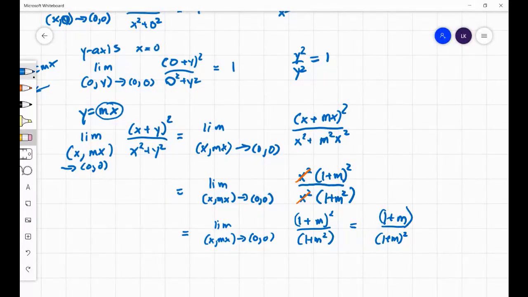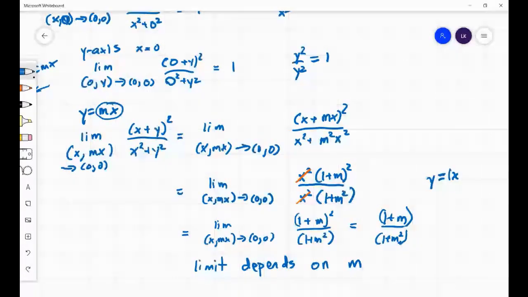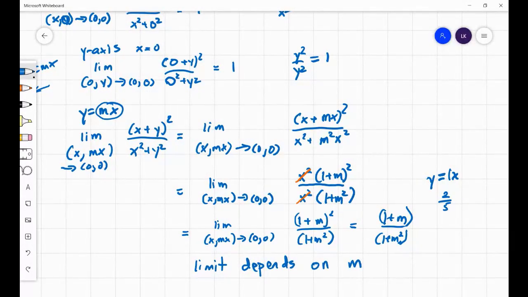The lesson there is that choosing different m's, different slopes for our line, results in different limits. So the limit depends on m. If we chose the line y equals x, m would be 1, and in that case our limit would be 2 over 5.